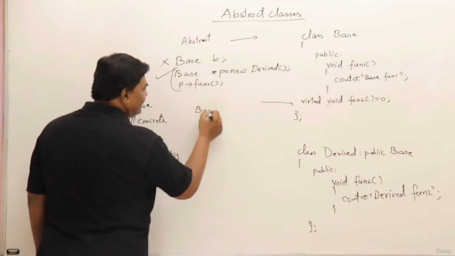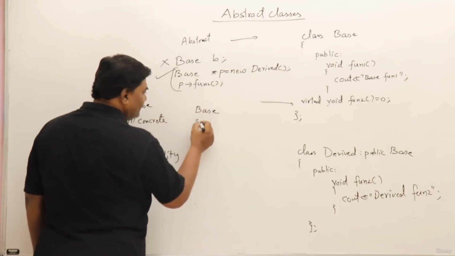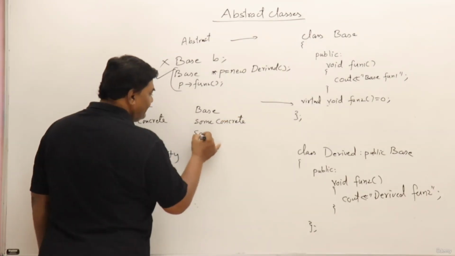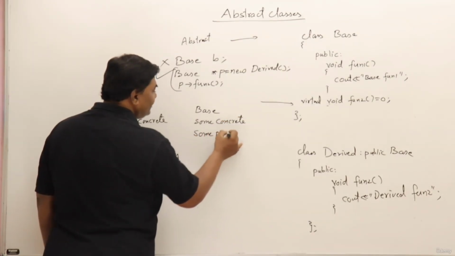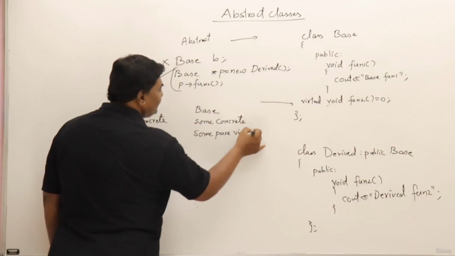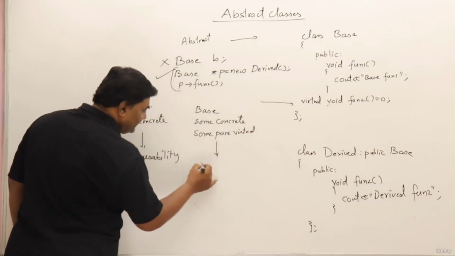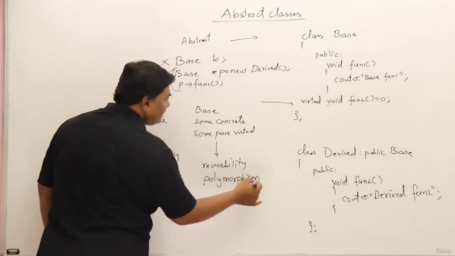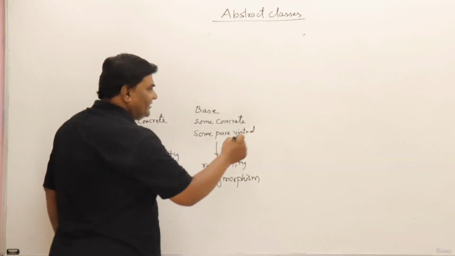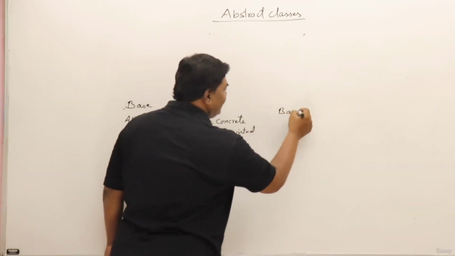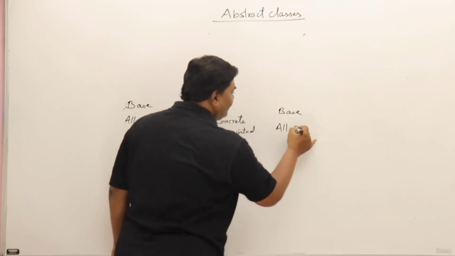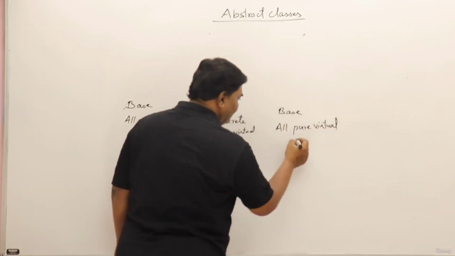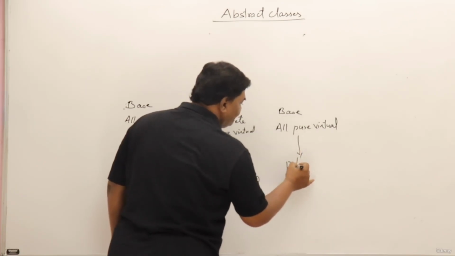Now if a base class is having some concrete functions and some pure virtual functions, the purpose is both reusability as well as polymorphism. The third one, if a base class is having all pure virtual functions, then the only purpose is polymorphism.